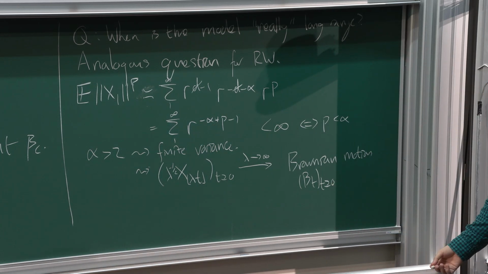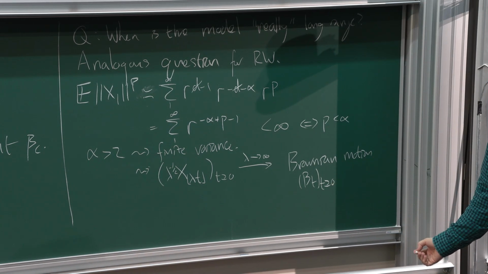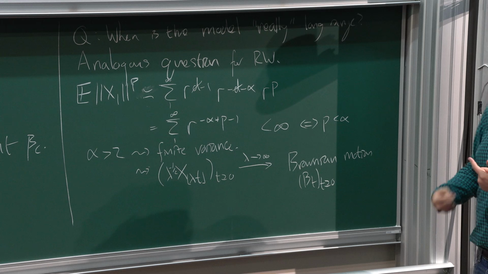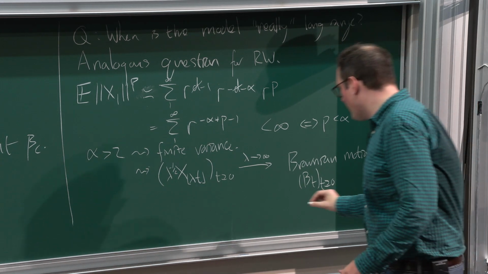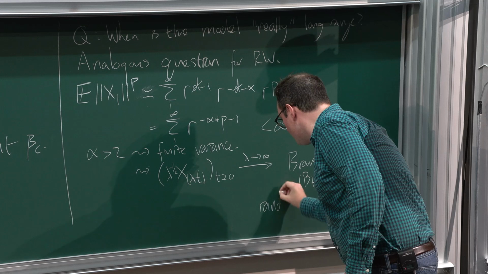If you like, you can think of this as the definition of what Brownian motion is. It's just the continuum limit of the simple random walk. In particular, this is a random continuous function.